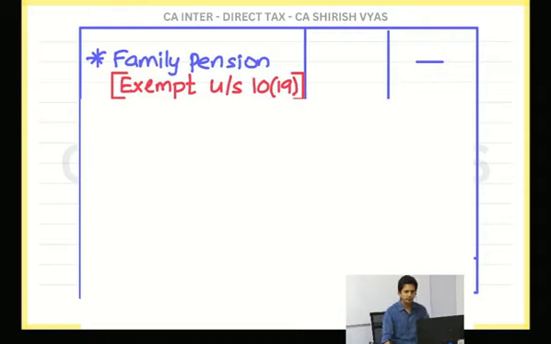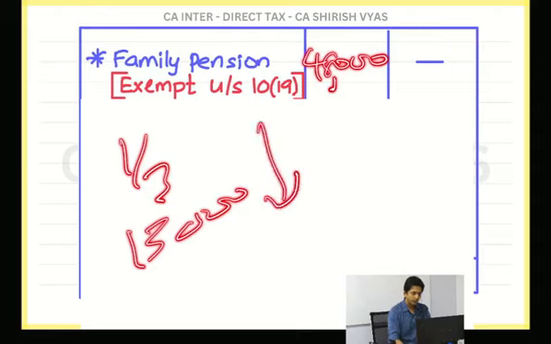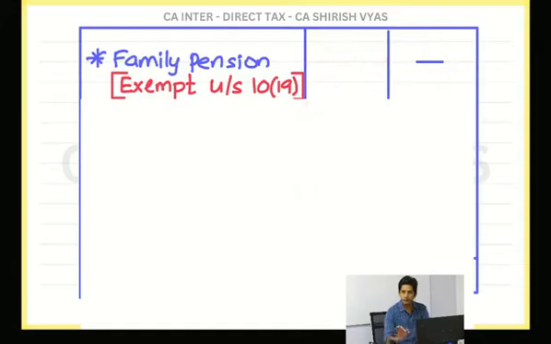Just tell me orally, if this was not army employee, then in the question they have given 48,000, I would have written in the inner column. Then I would have calculated 1/3 or 15,000, whichever is lower. That I would have deducted here. Such questions will also come up, but that is if general employee, but army employee fully exempt.